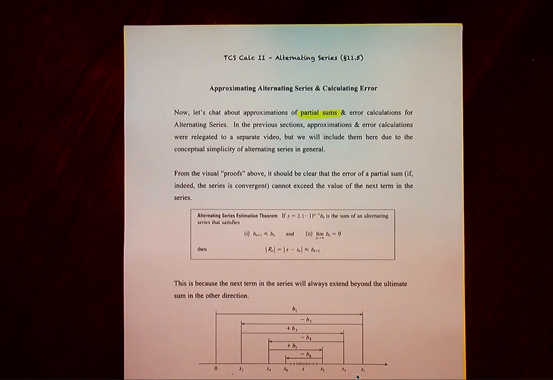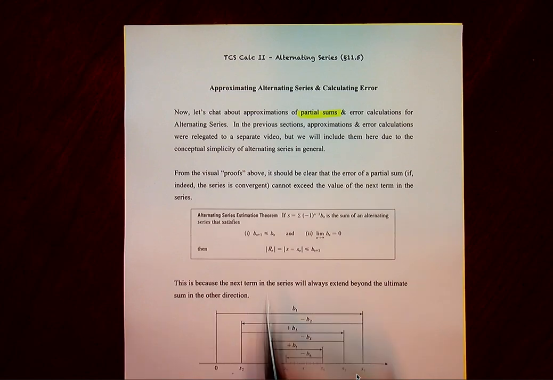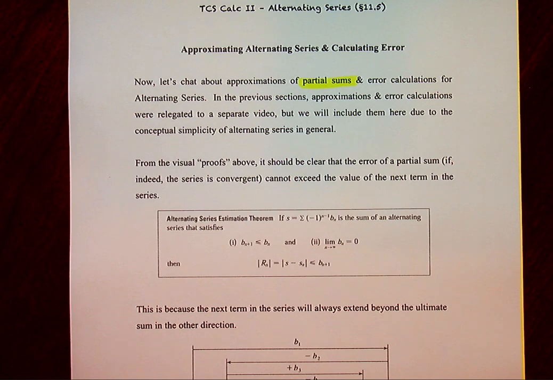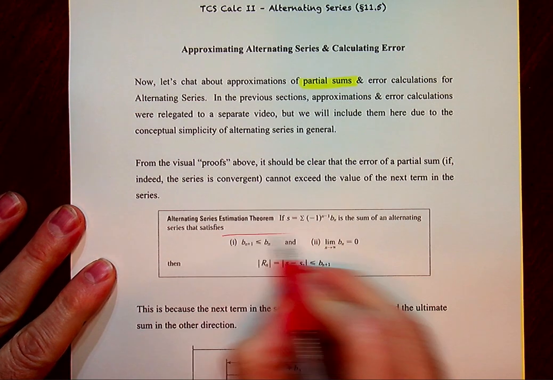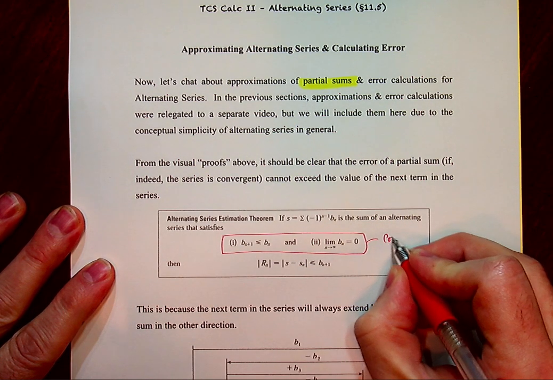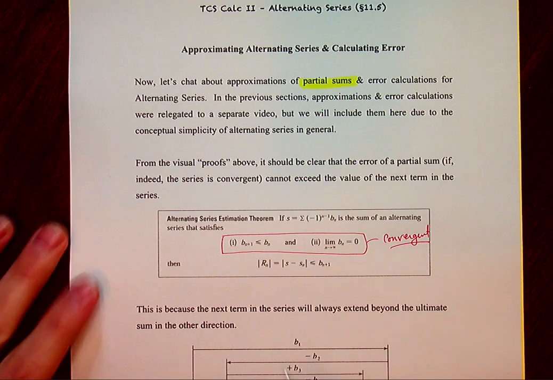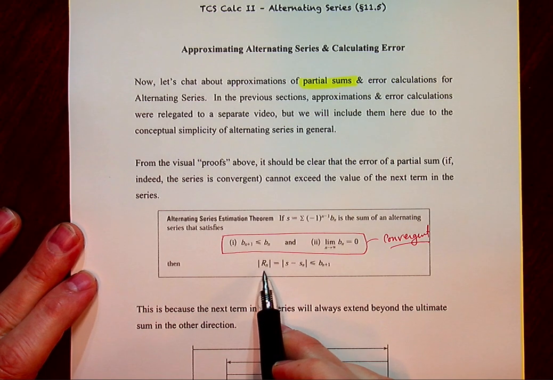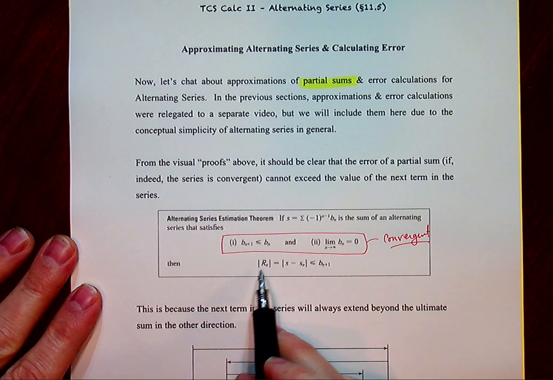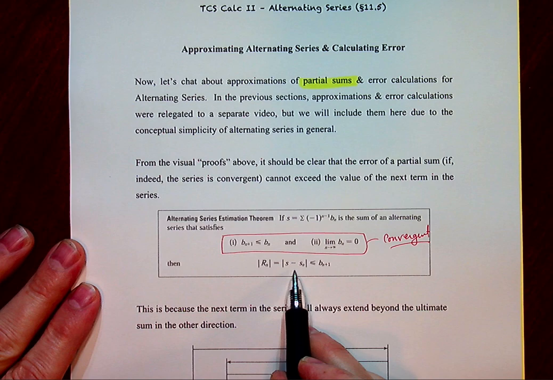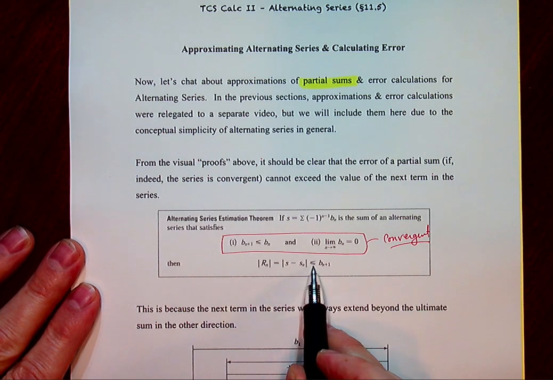If S equals the sum of (-1) to the n minus 1 times b sub n is the sum of an alternating series that satisfies those two conditions, which is another way of saying you're only going to be able to find an estimation and a partial sum for a convergent series, then what you need to know is that R sub n, which can be negative because these terms go back and forth between positive and negative, has a magnitude, which is the difference between the sum and the partial sum, that is less than or equal to the next term.